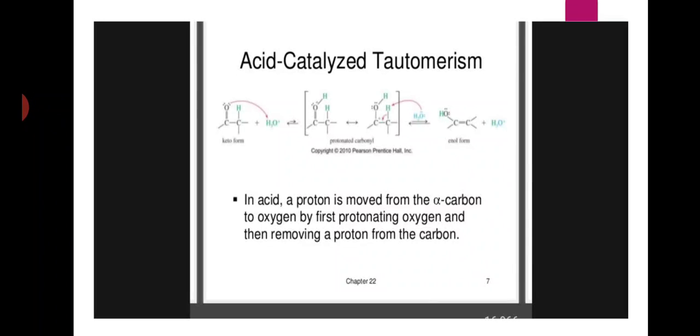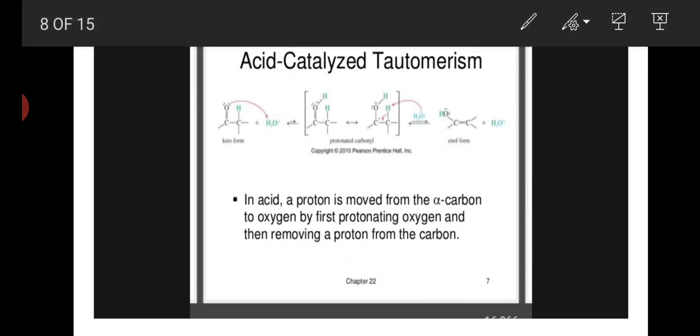Okay, next is acid catalyzed tautomerism. Same as the previous reaction, base catalyzed tautomerism, which we have discussed. In this, acid initiates the reaction. Here same, we are taking keto form in presence of water.